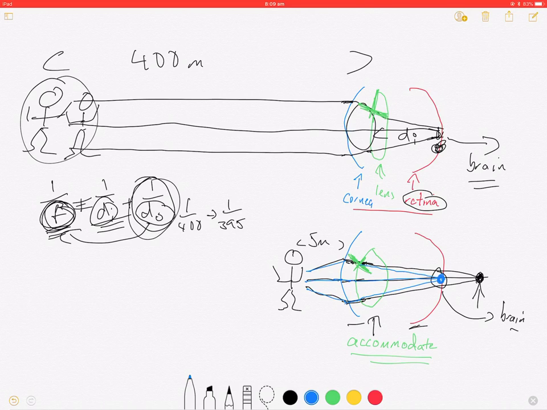So if an object gets closer to you, you change the value of f in order to allow the image to be focused well on the retina.